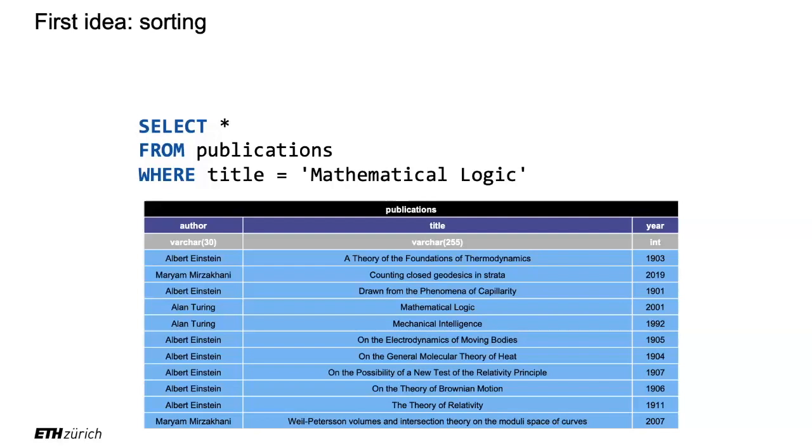It's n and a constant factor. It means in particular that if I double the size of my table, then the full scan will take twice as much time. If I have 10 times the size of the table, then the scan is going to take 10 times as much time, right? This is called linear complexity, right? It's proportional to the size of the table.